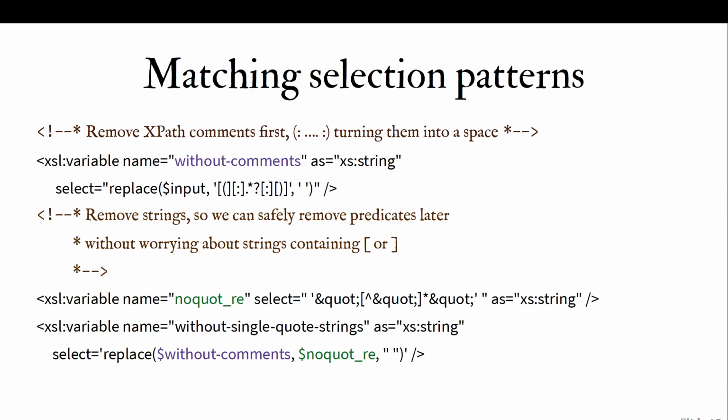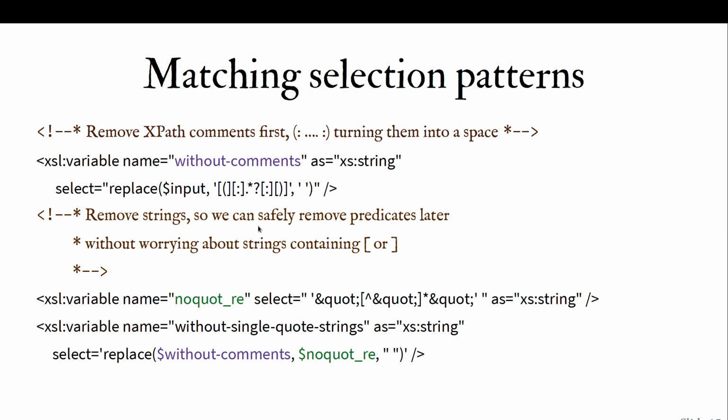Alright, so slide 15 we'll start matching it. I'm actually not going to finish this because I just want to plant the seed. I just want to give you the idea and then talk about it a bit. So at the beginning we remove XPath comments, which are parenthesis colon and colon parenthesis, and we have to do that because otherwise they could contain quotes or square brackets, which would confuse us when at the next step we remove strings.